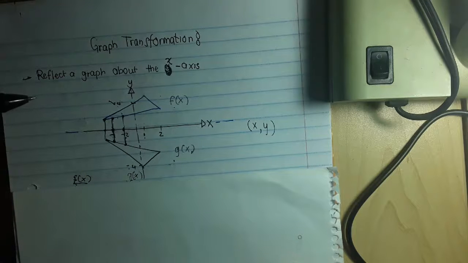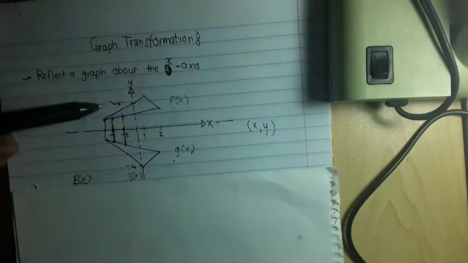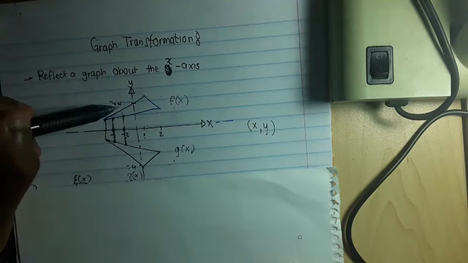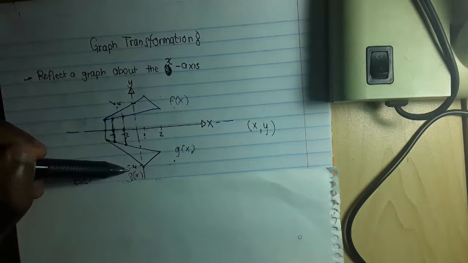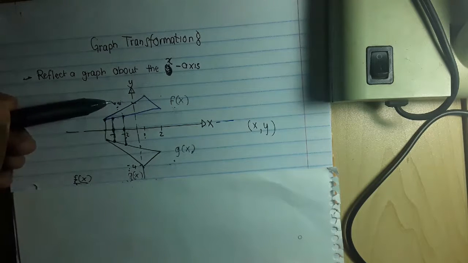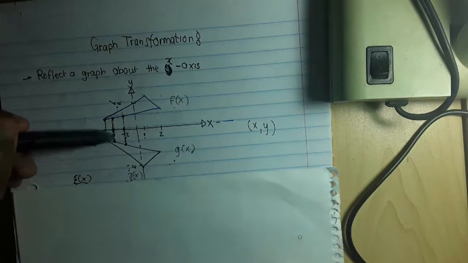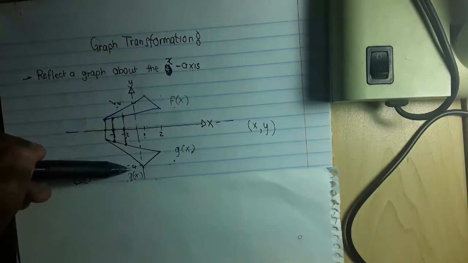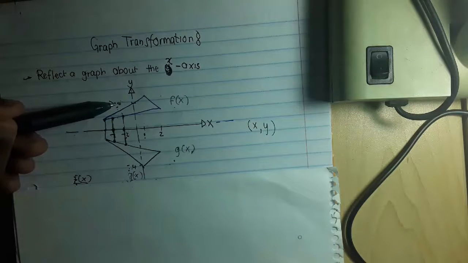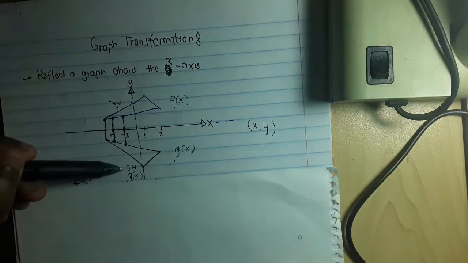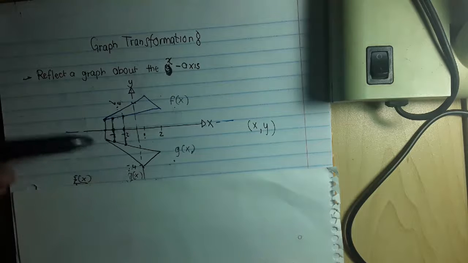Now the question is, what happens to the y value of the coordinate? For instance, if we have a y value of 4, the new value will be minus 4. This tells us that if we have an original graph and we reflect it about the x-axis, only the y value will change, and it's only the sign that will change, because we had a 4 here, and now it's a minus 4 instead.